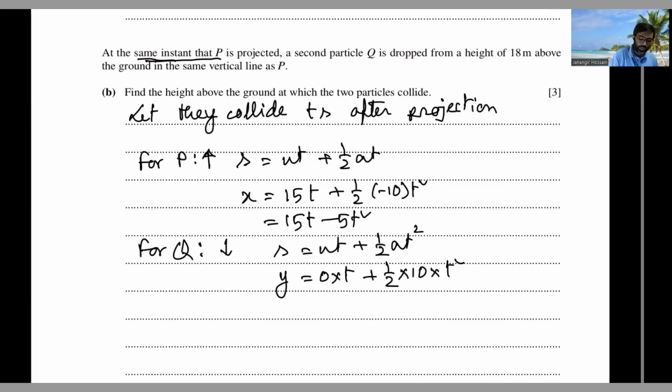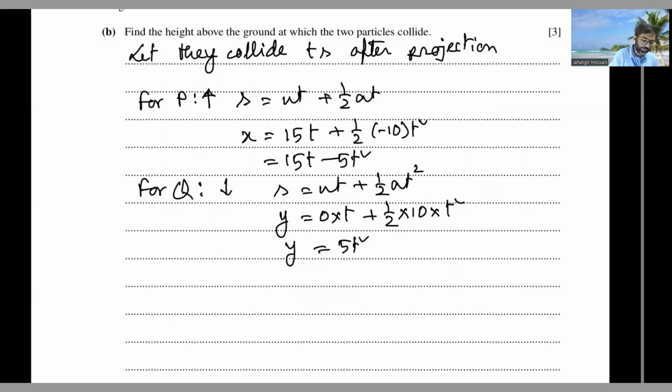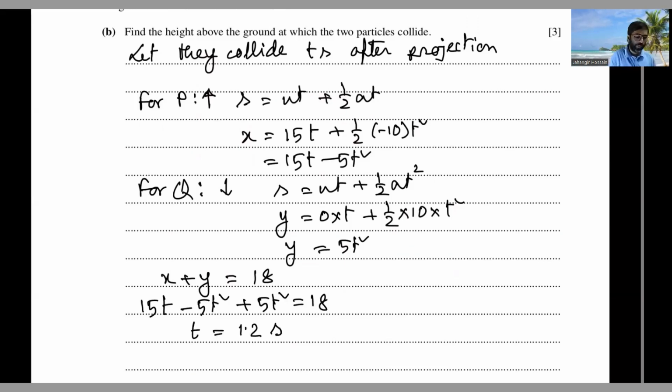So y equals 5t squared. Now you see x plus y, the total distance traveled, is equal to 18. So 15t minus 5t squared plus 5t squared equals 18. So t equals 18 by 15, that's 1.2 seconds.